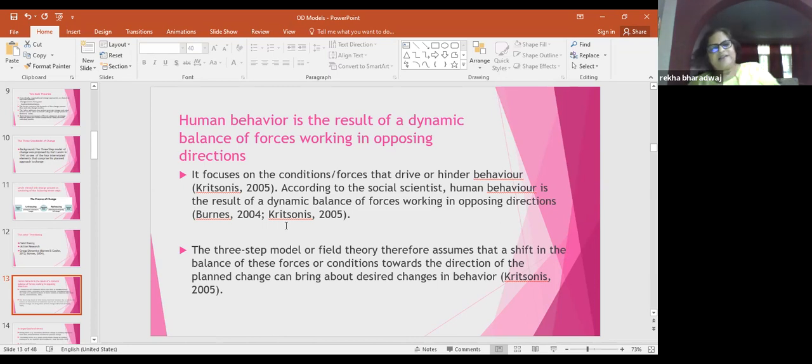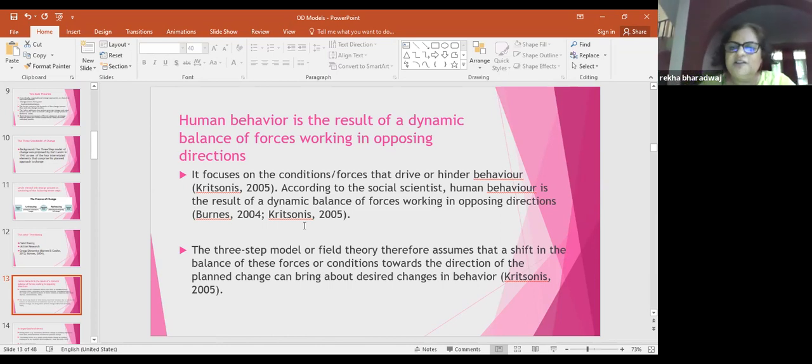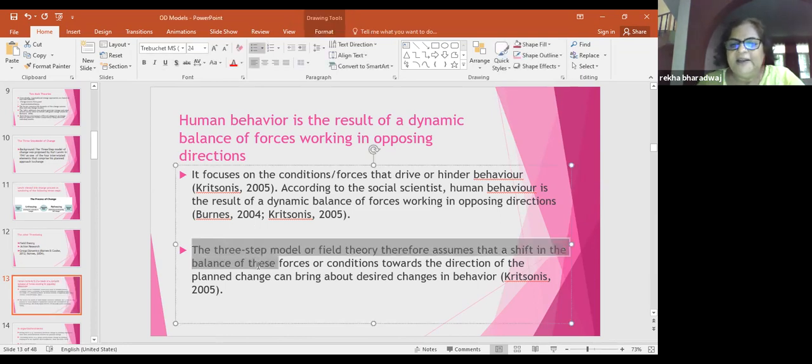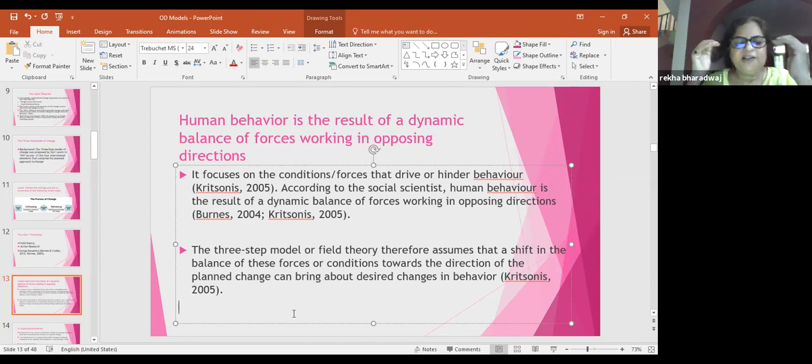According to the social scientists, human behavior is a result of a dynamic balance of forces working in opposite directions. So the 3-step model of field theory therefore assumes that a shift in the balance of these forces or conditions towards the direction of the planned change can bring about the desired changes.